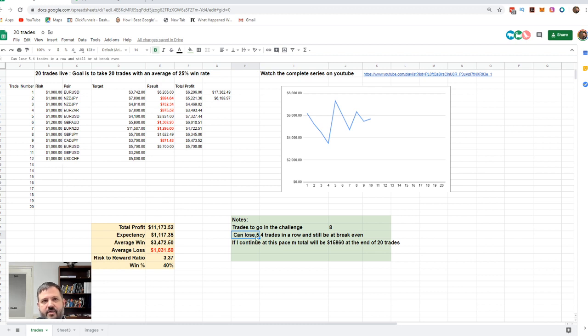So if I'm risking 1,000, I can lose how many trades in a row and still break even? Well, my profit is 11,173, so I can lose 11.1 trades in a row and still be at break even.